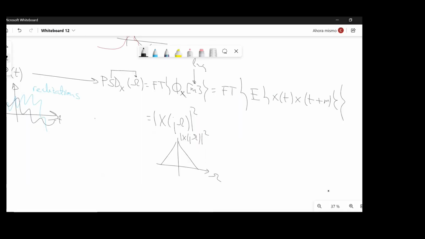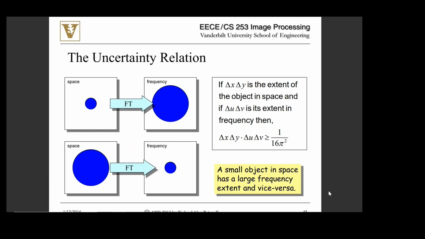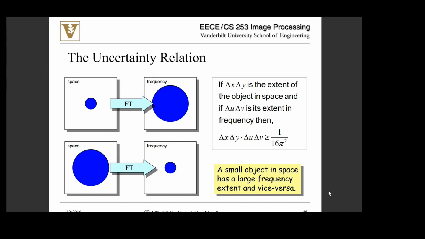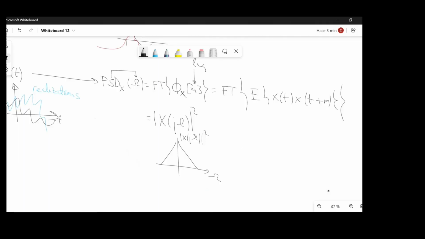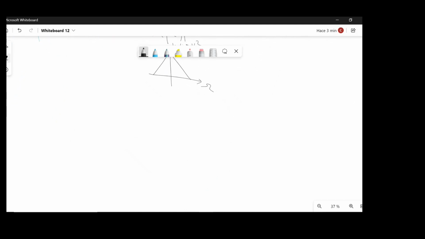Okay, then we can define power spectra, and this is important. So this is the uncertainty principle. It is something that probably you know.